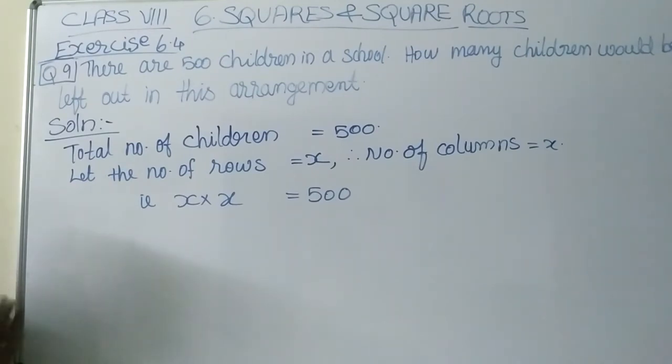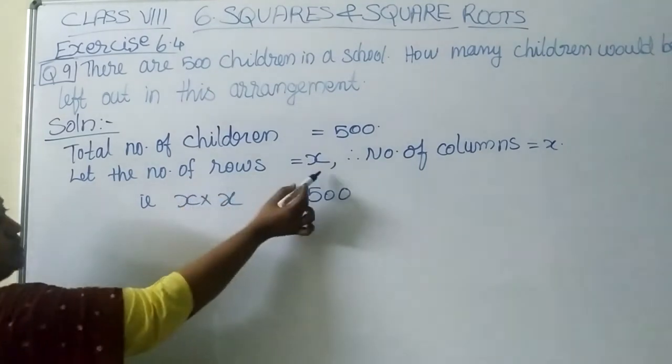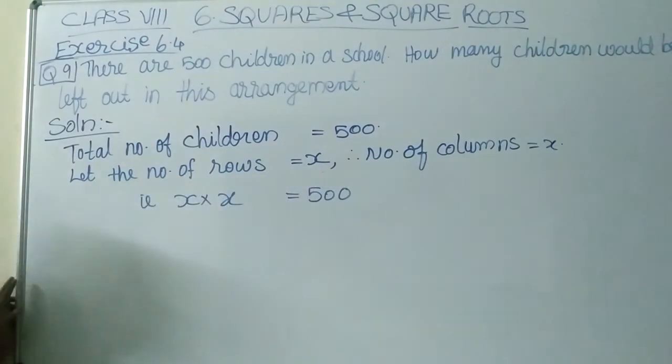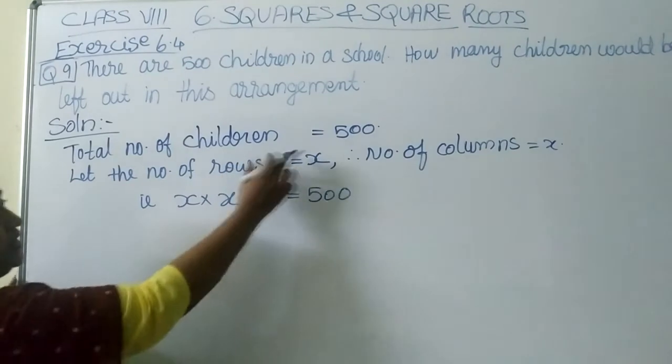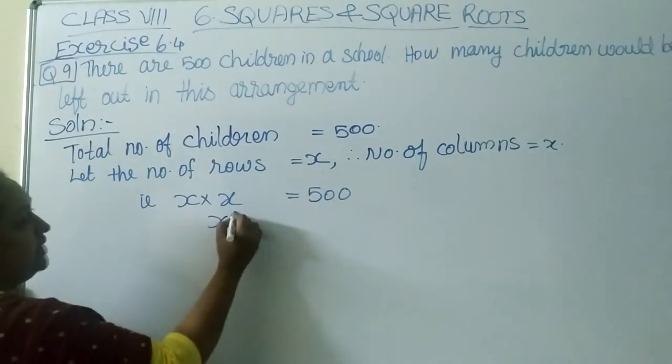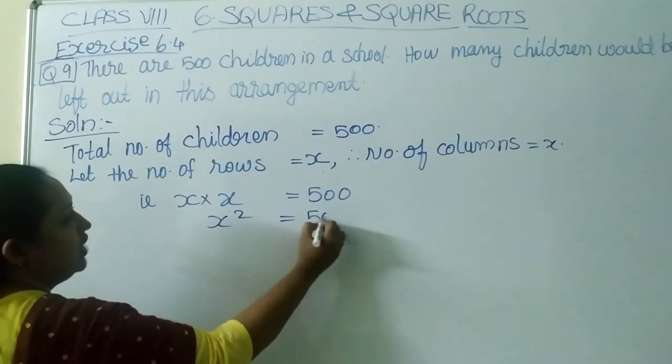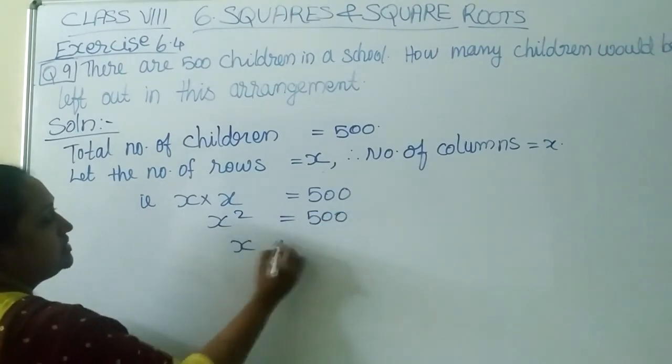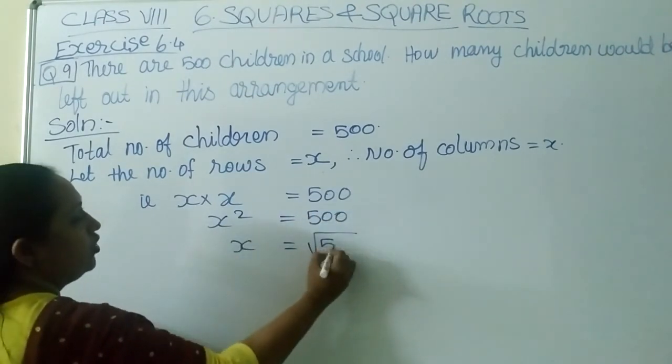So we can assume the number of rows is x. Number of rows we are taking x, so the number of columns will be equal to x. So the total number of children is the number of rows into number of columns, that is x into x. Also given, total number of children is 500. Hence we get x square equal to 500, or x equal to square root of 500.